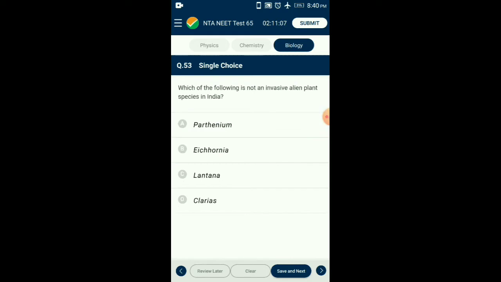Question number 53. Which of the following is not an invasive alien plant species in India? When alien species are introduced unintentionally or deliberately for whatever purpose, some of them turn invasive and cause decline or extinction of indigenous species.